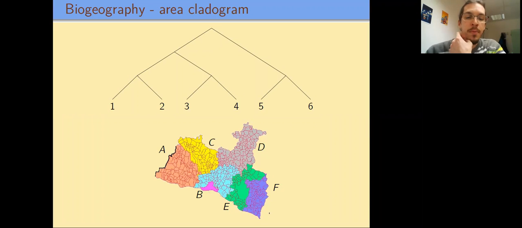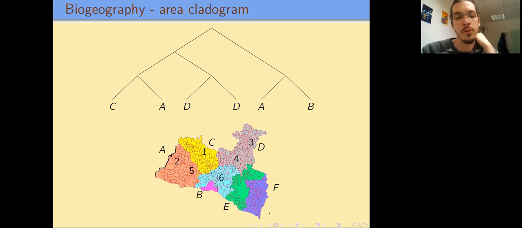So for example, you have a map cut in distinct regions, and you identify the region in which each species lives. And now in your phylogenetic tree, you can replace the label of your species with the code of the region it belongs to.